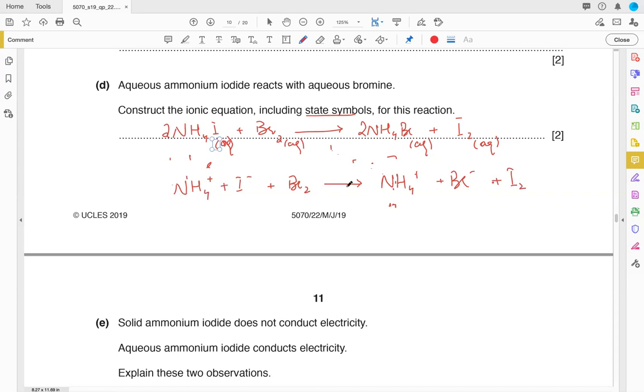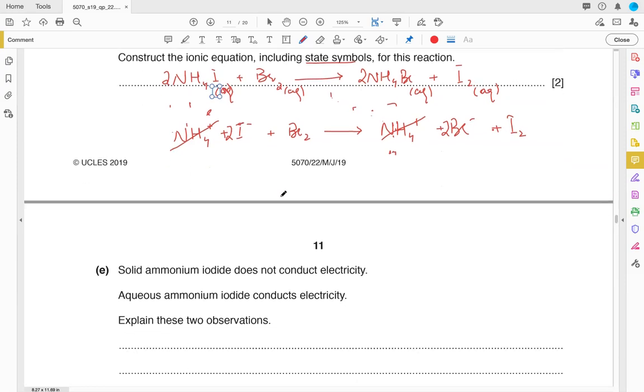So you can see that ammonium is a spectator. Why? Because it did not react. It did not change. No chemical change was seen. So you'll simply balance it out now, and there you go. That is your ionic equation. Based on this, we can see that iodide lost electrons to make iodine, and bromine gained electrons to make bromide ion.